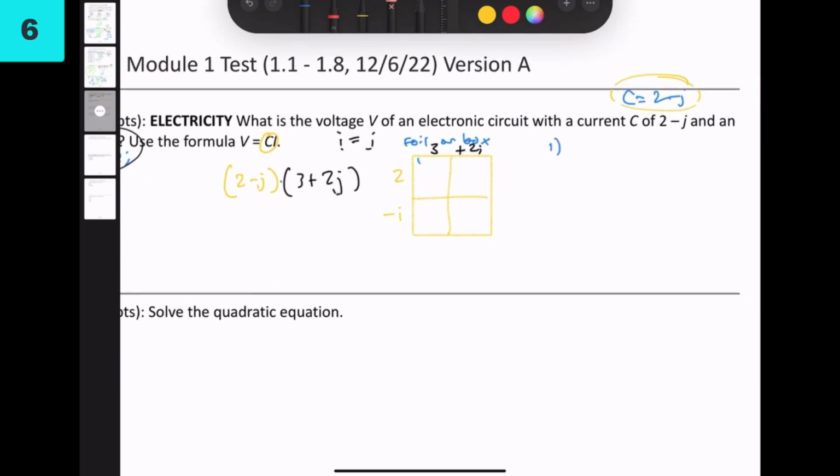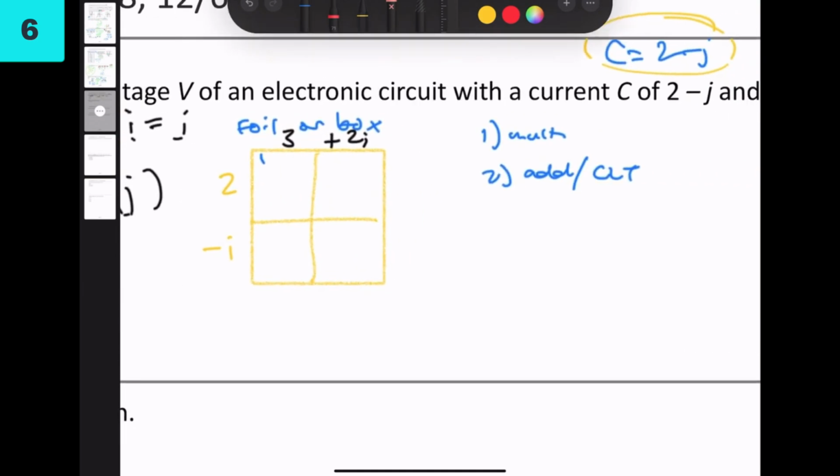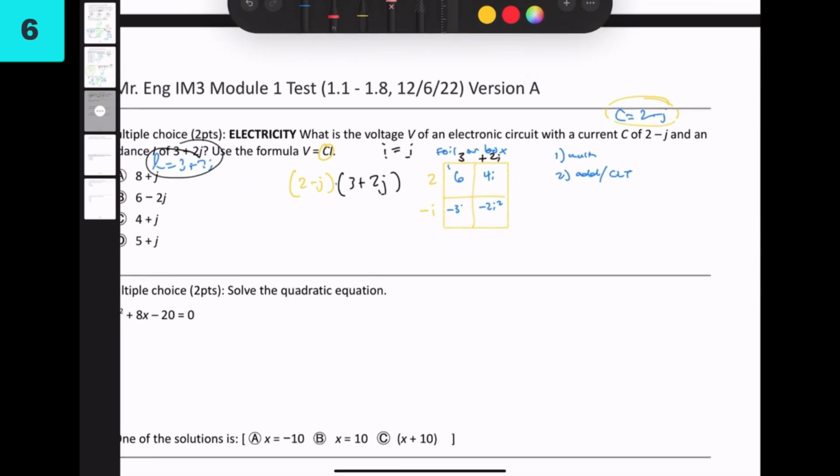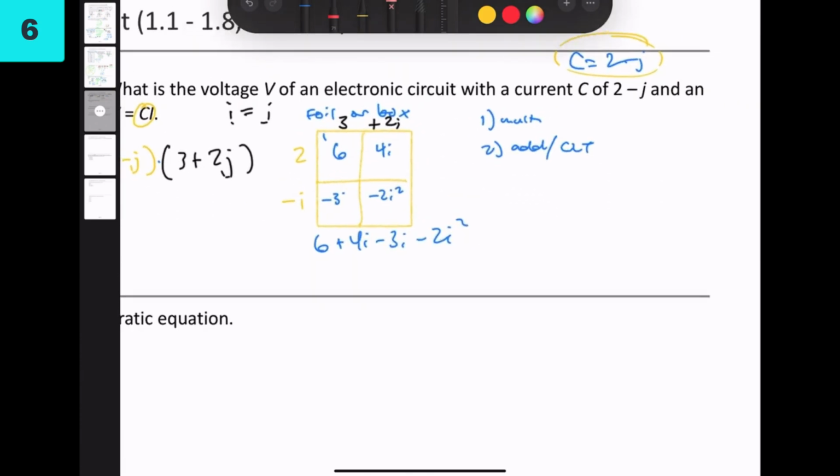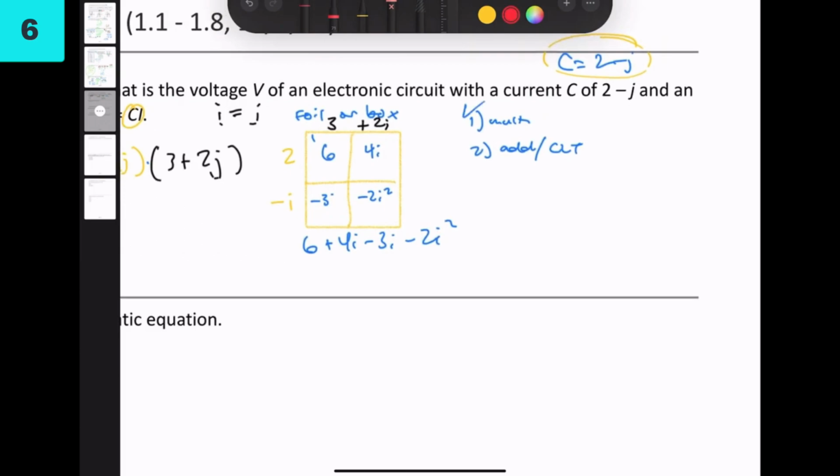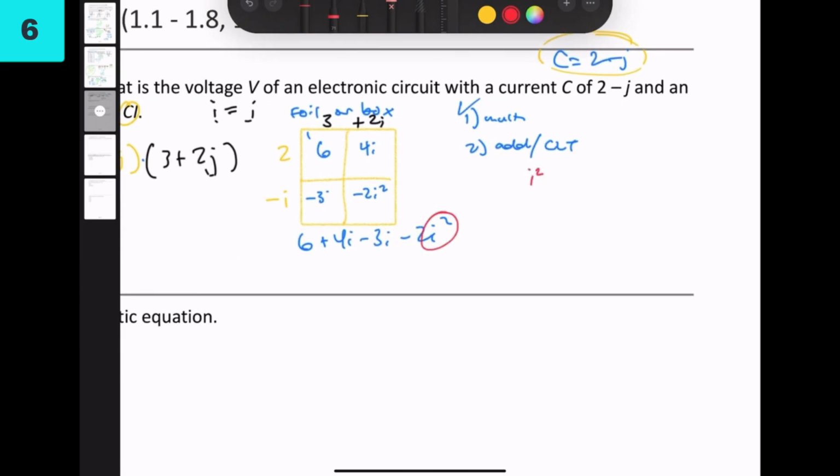We're going to multiply, and then we're going to add or combine like terms. 2 times 3 is 6. 2 times 2j is 4j. 3 times negative j is negative 3j. And negative j times 2j is going to be negative 2j squared. So I'm going to get 6 plus 4j minus 3j minus 2j squared. Now we're going to, j squared is equal to negative 1.